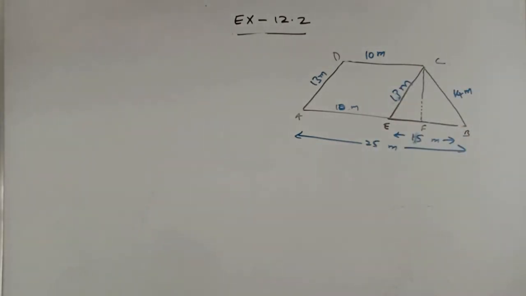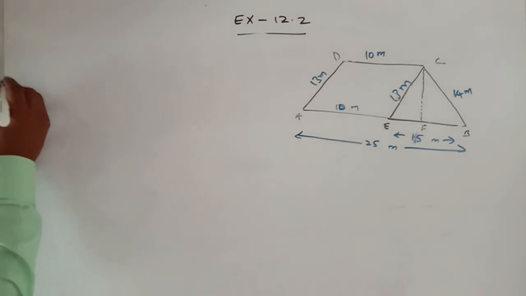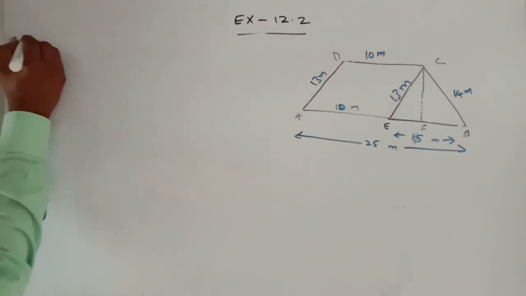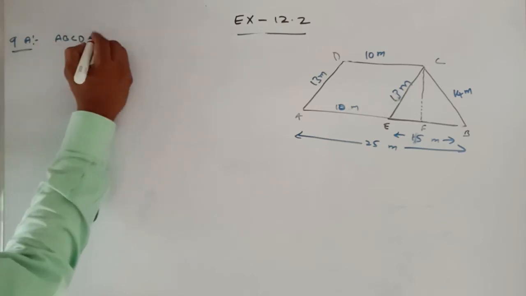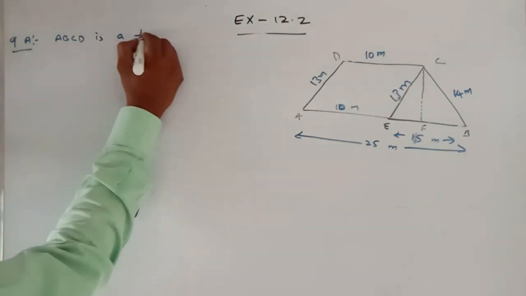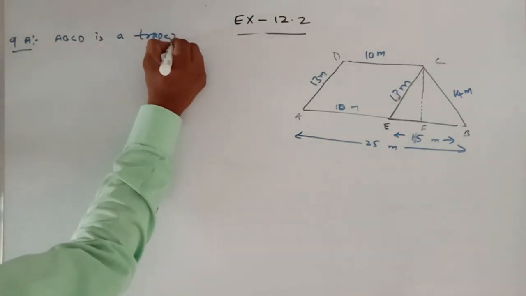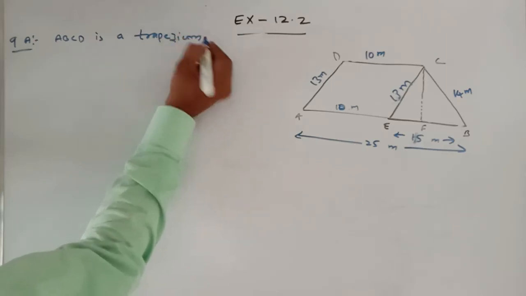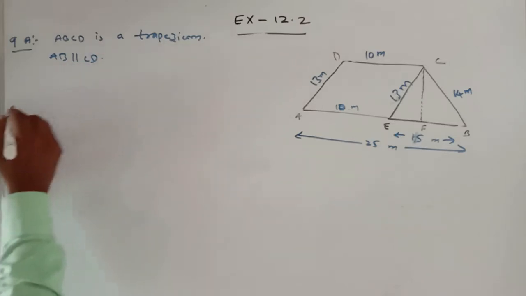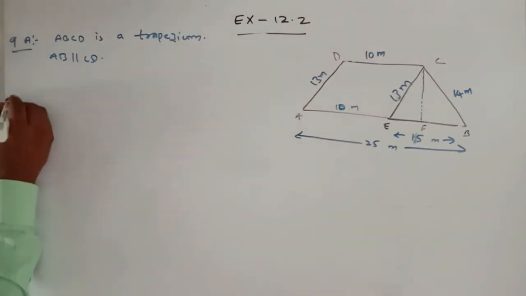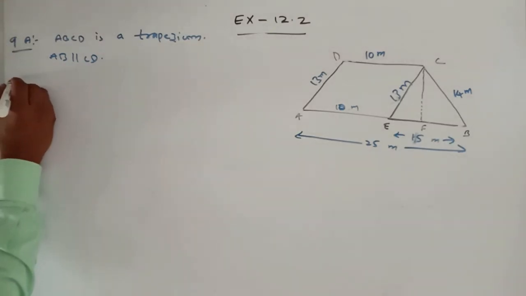So children, here I am taking ABCD is a trapezium and AB is parallel to CD. Now I am splitting that figure.